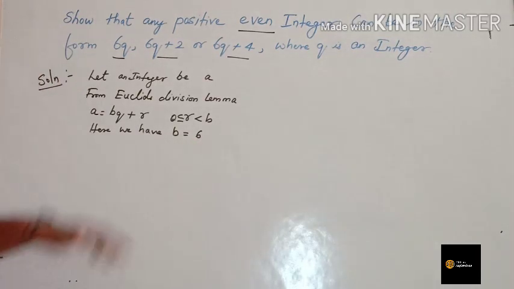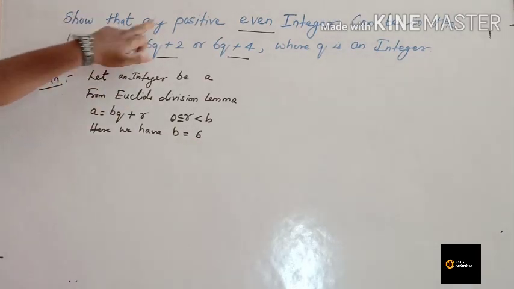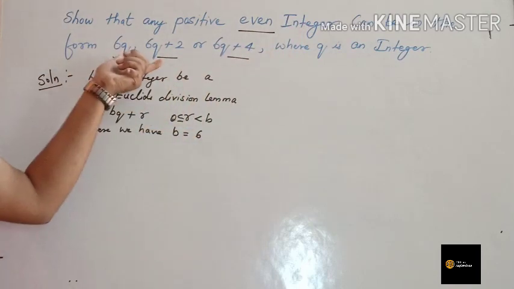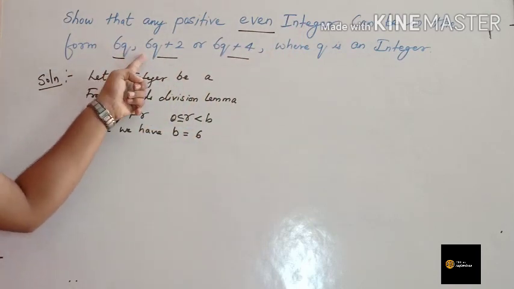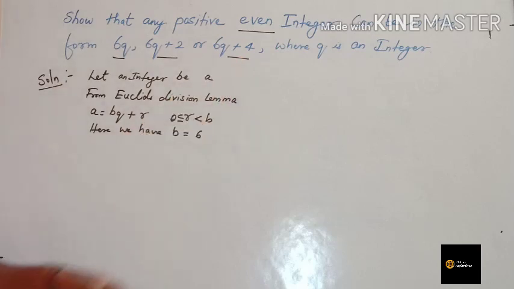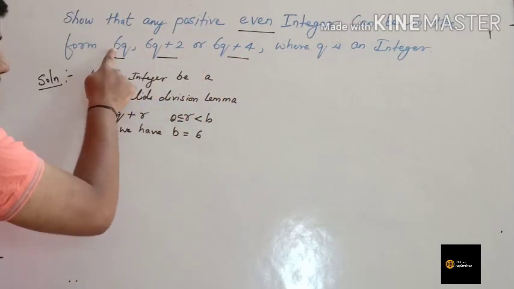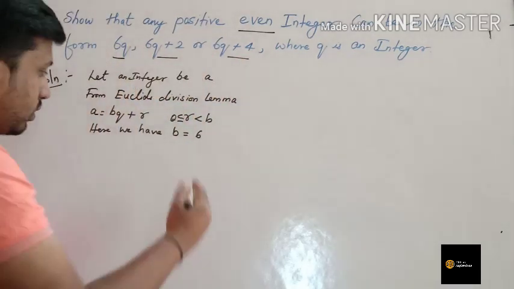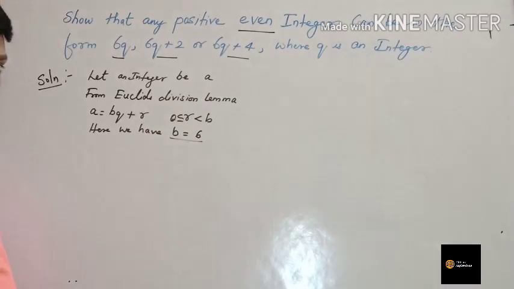Whatever form they are given, to prove that any positive even integer is in this form, if you take 6q plus 2 and 6q plus 4, you can observe here 6 is nothing but b. So we are going to consider b as 6.